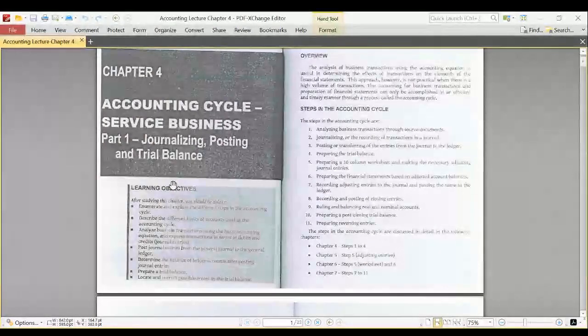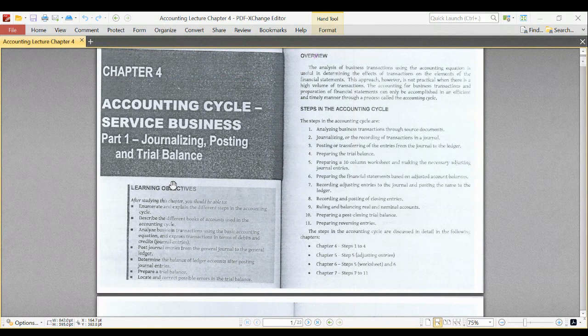Since after preparing the adjusting entries we will get the adjusted balances, we're now ready to prepare the financial statements. So those are the final balances that will be presented in our financial statements. And then after the financial statements, we will record and journalize the adjusting entries.